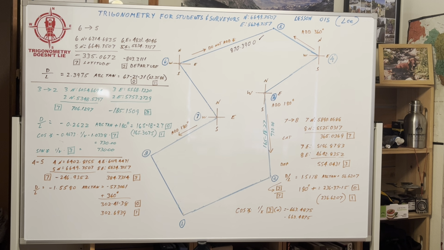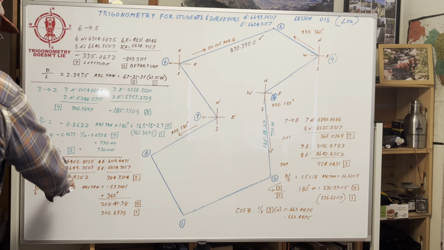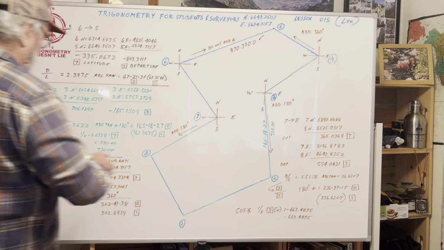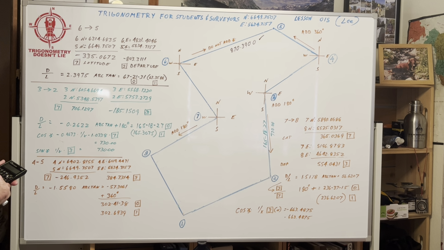Okay, I'll show you this time. I'll just go ahead and do the math. 6402.8155. Enter. That's our northing for 4. Now we're going with the northing for 5. 6649.7507 minus, and now we're getting a negative.